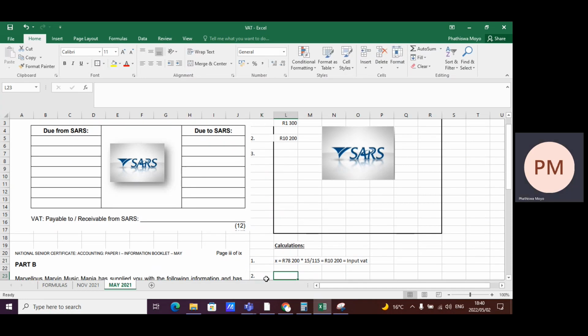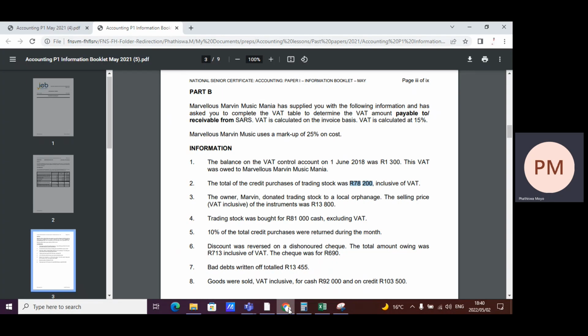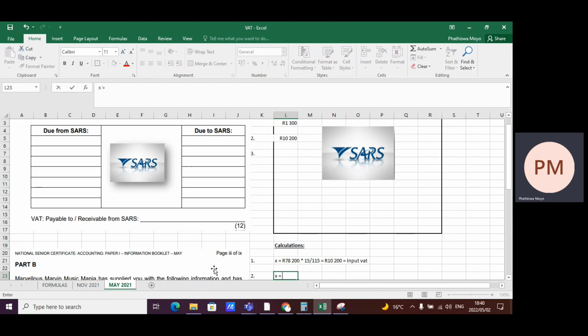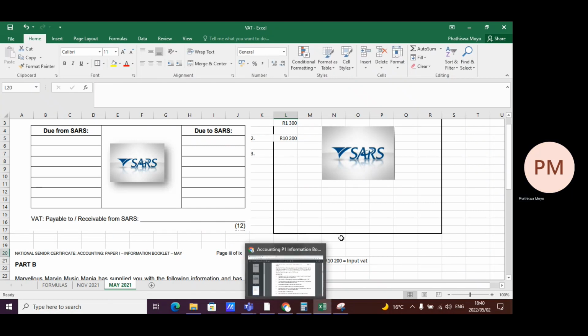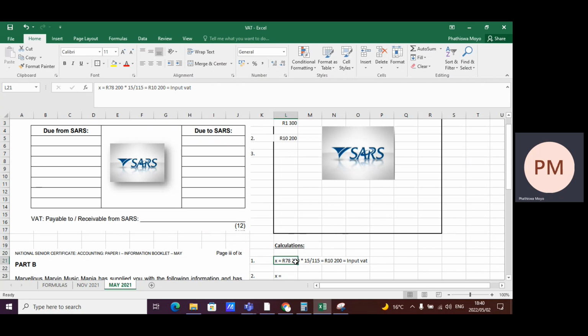I wonder if they are taxable. Let's try. We need to be sure if donations are taxable. So the selling price was 13,800, VAT inclusive. So we will use this method.